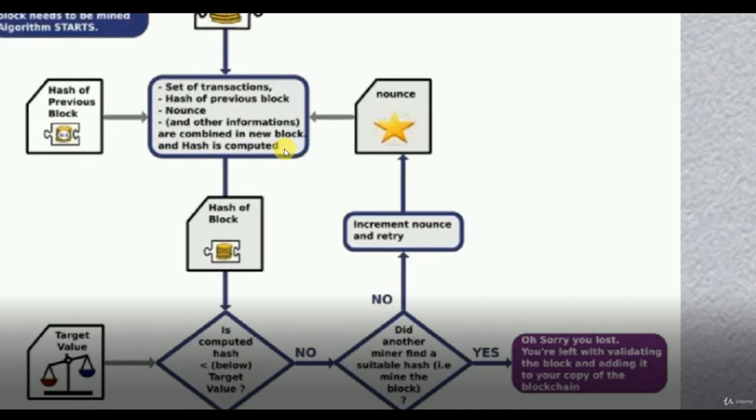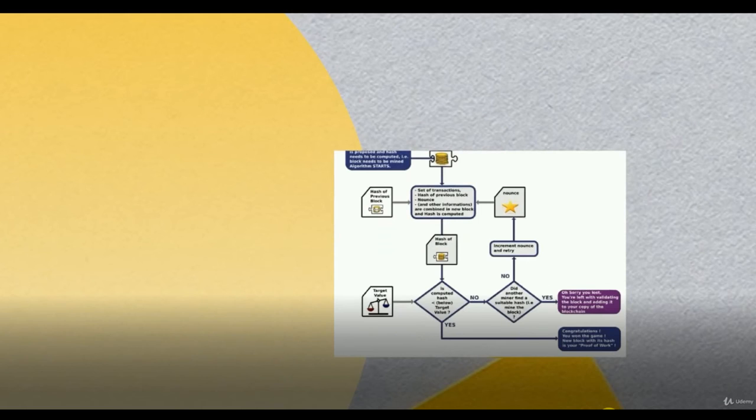If it is proof of work, we are going to solve the algorithm and a new block hash is computed. Once this block hash is computed, for every block there is a target value or difficulty value already set. So if this hash is less than the difficulty value, then you will be creating your block. If not, let me just minimize this a bit.